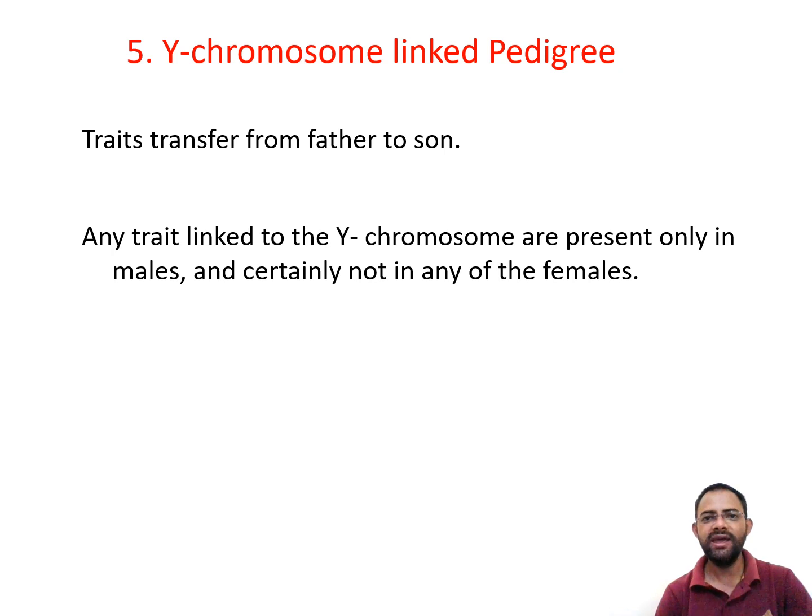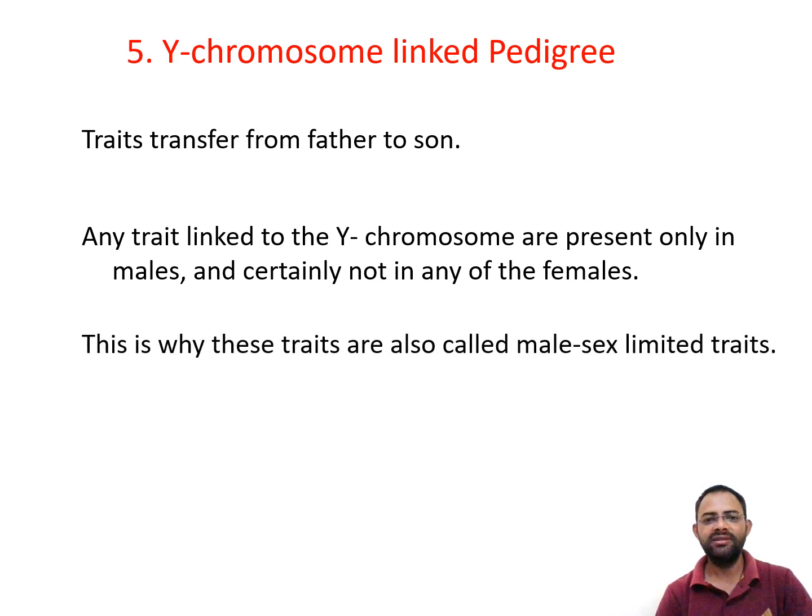Females don't have any Y chromosome, whereas all the males must have a Y chromosome to be a male. And this Y chromosome they get from their fathers. This is why these traits are also called male sex limited traits.